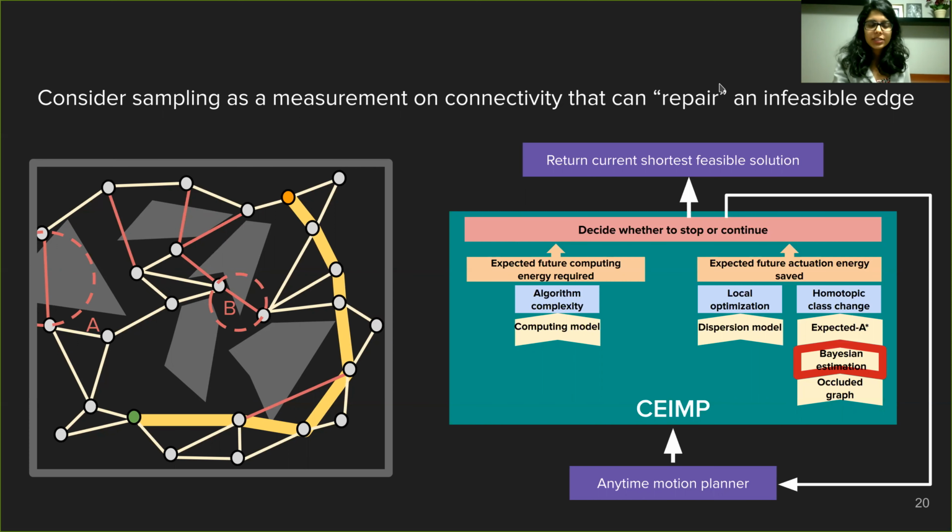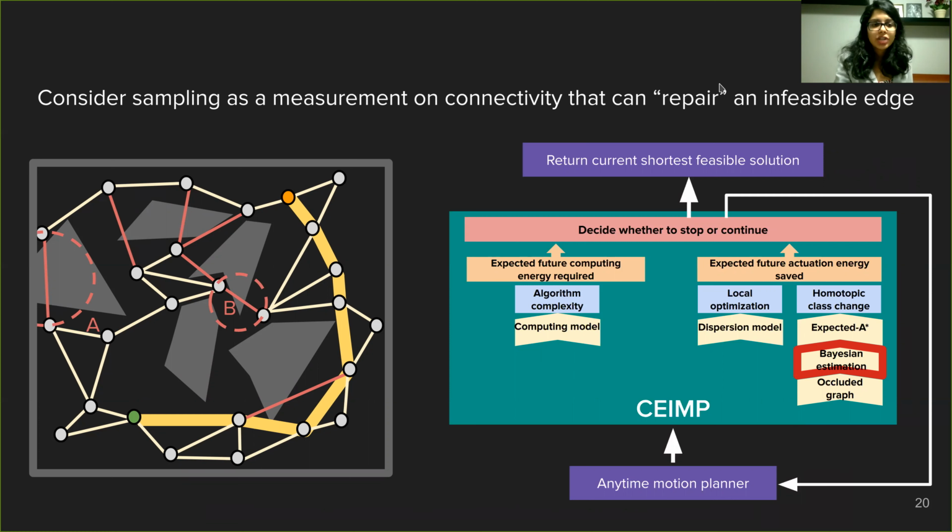What we want to do is, for each infeasible edge, predict whether that edge really can be repaired in the future, and that it really does have an underlying homotopic class that goes through that neighborhood, or whether no matter how much we sample, we will not be able to repair it. So what we do here is model computing another batch of nodes as a measurement on the connectivity, and that measurement can return two readings, repaired or unrepaired.